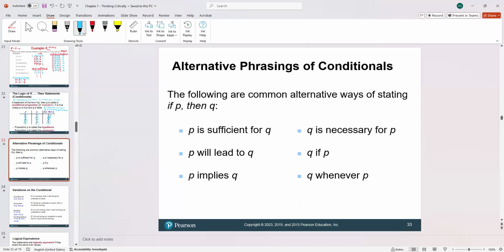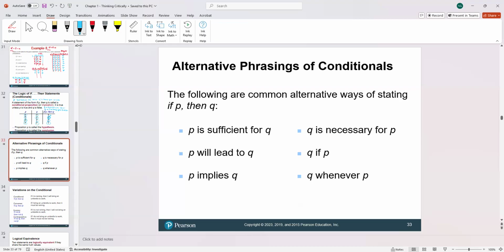The following are common alternative ways of saying if P then Q: P is sufficient for Q, Q is necessary for P, P will lead to Q, Q if P, P implies Q, or Q whenever P. There are many different ways we can say it.